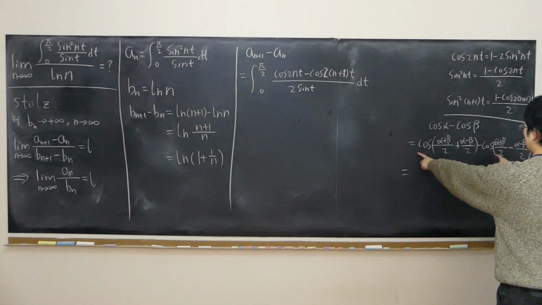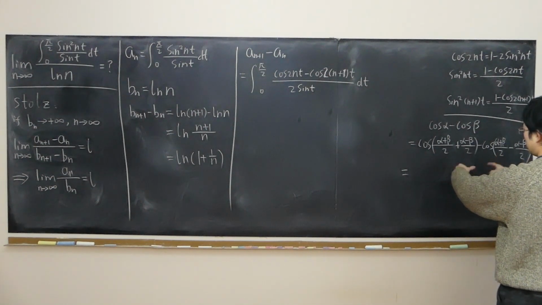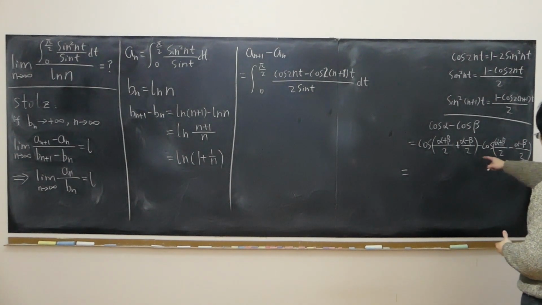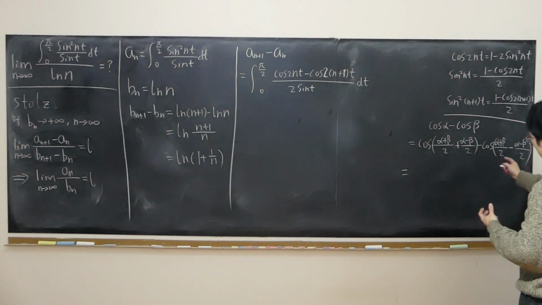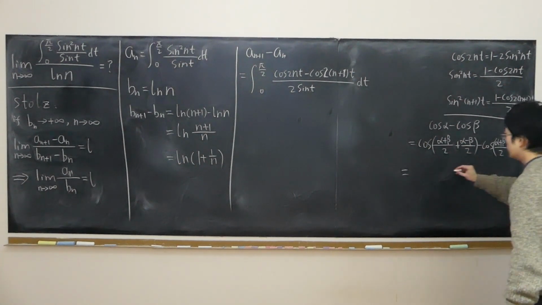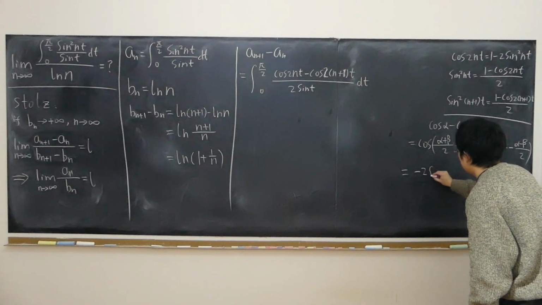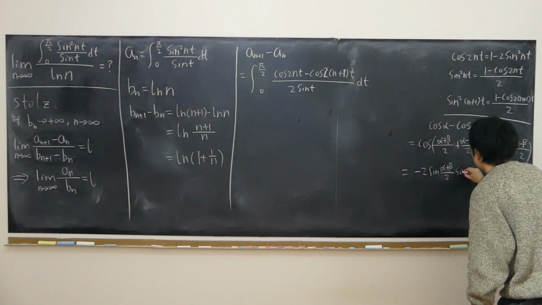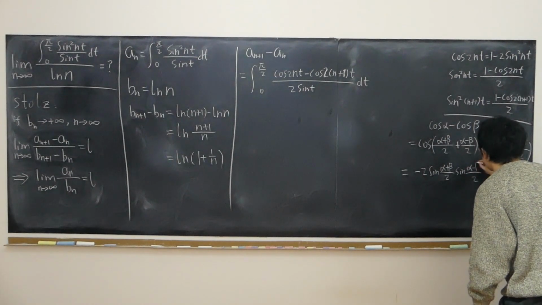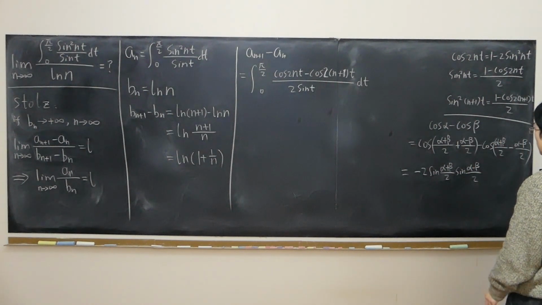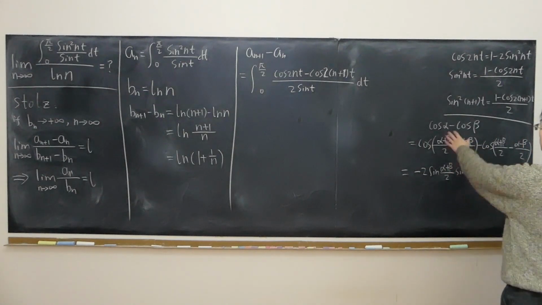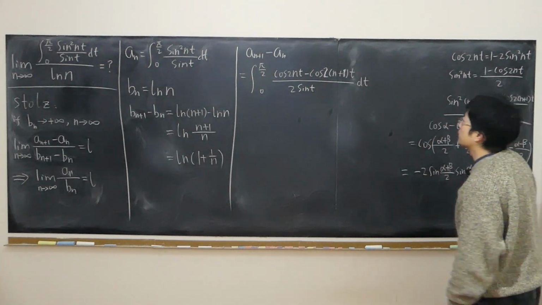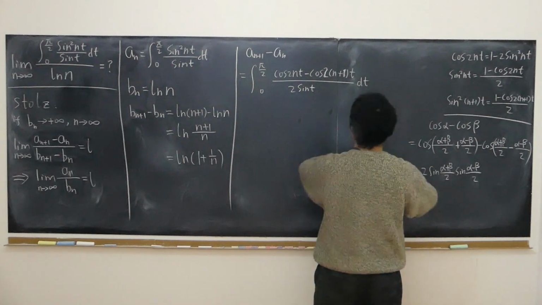So cosine and cosine cancel out, but here we have a minus sine coming out. There we have a minus of plus, still a minus sine coming out. So twice of minus sine, so minus twice sine of half of alpha plus beta times sine of half of alpha minus beta. So this is our angle identity: trig difference equals trig product. So the top can be simplified down to a trig product.